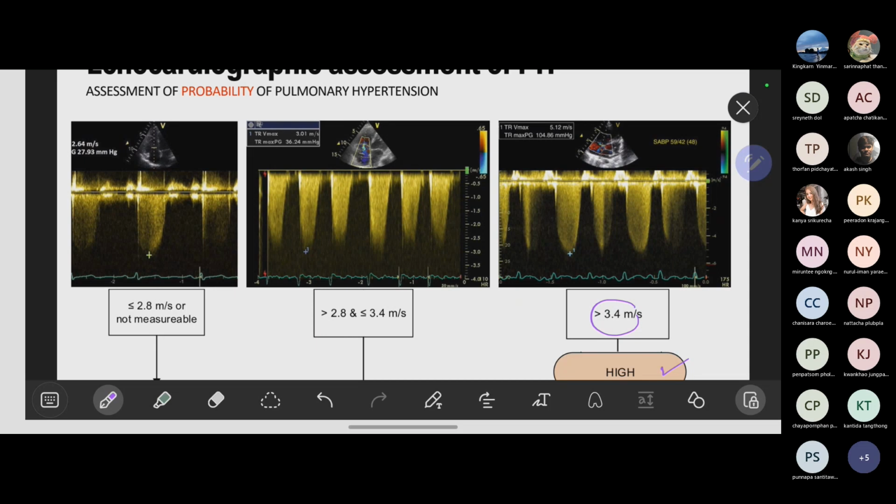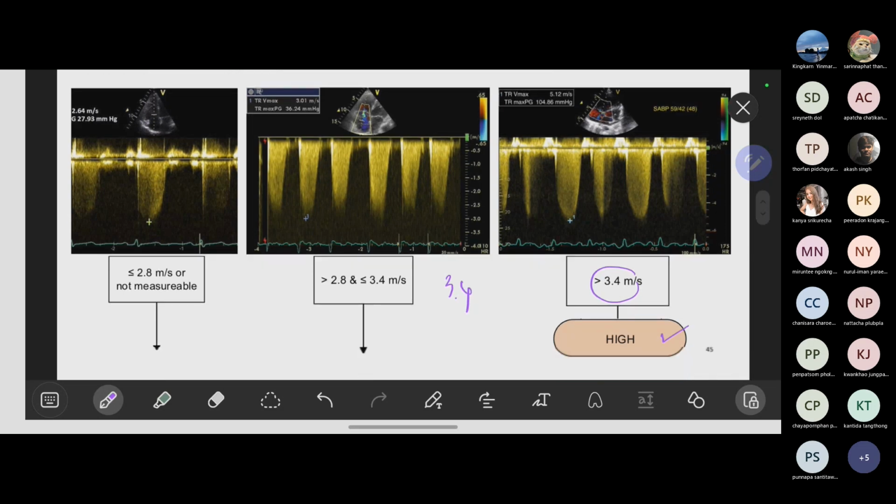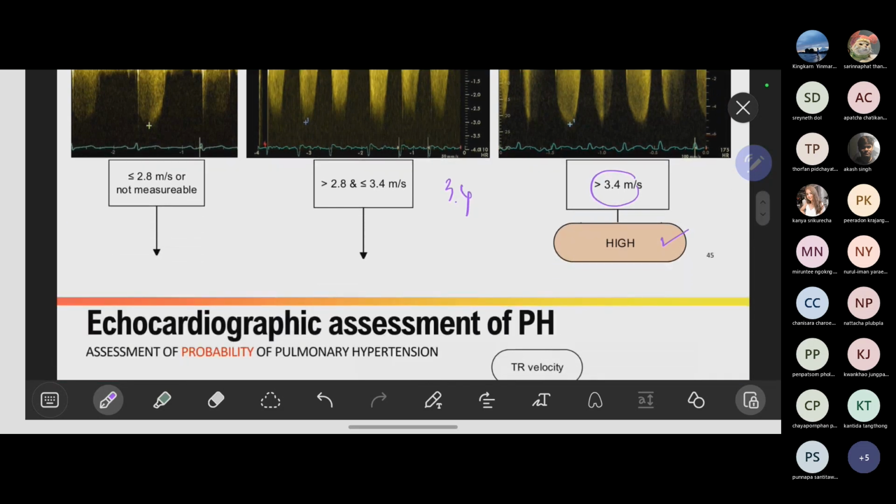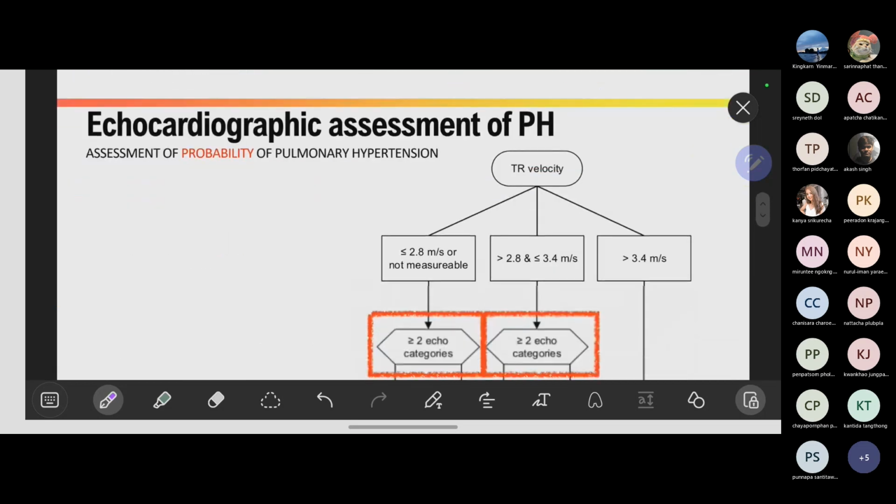You can conclude that the patient has a high probability of pulmonary hypertension. If TR velocity is below 3.4, you have to find other echocardiographic signs of pulmonary hypertension, which I will describe later.